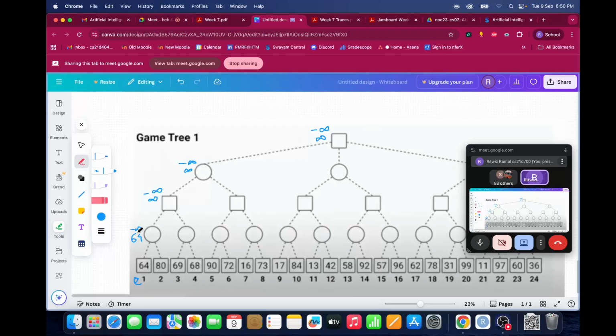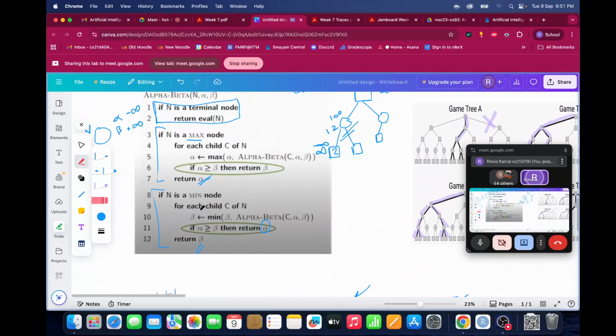Now with this updated value, minus infinity and 64, we will have a look at what this E2 child has to offer. E2 child will return a value of 80. Now, will the beta value corresponding to this min node be updated? Let me again show the pseudocode to you.